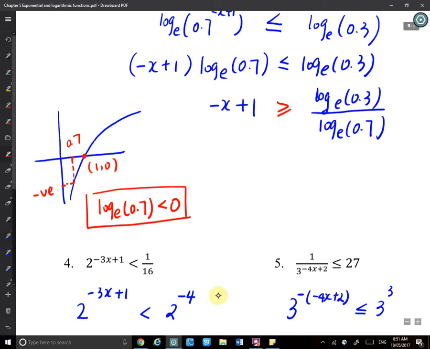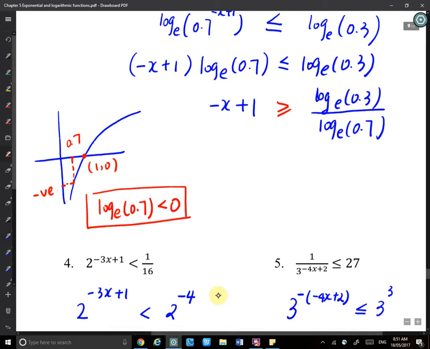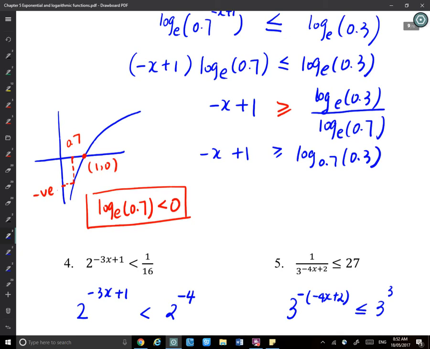And let's keep looking at this. They have the same base and they divide each other. I can say that's log base 0.7 of 0.3. Use the change of base formula, which I use in the reverse way.